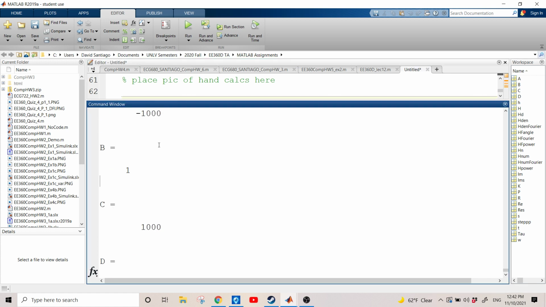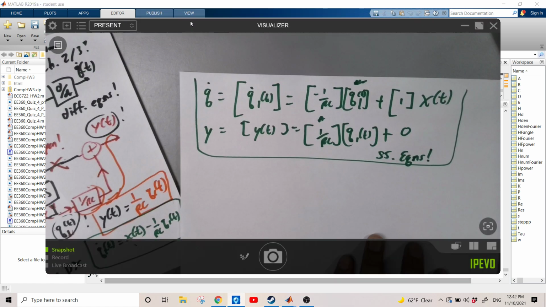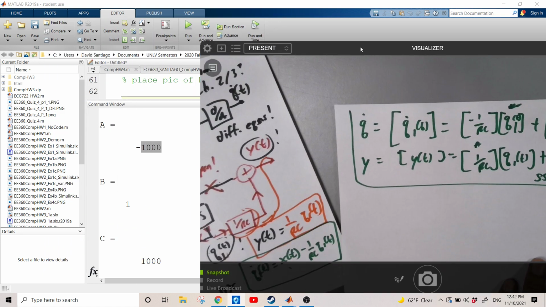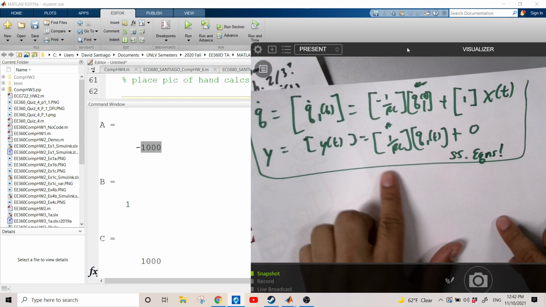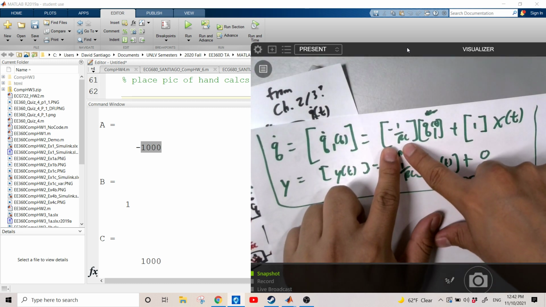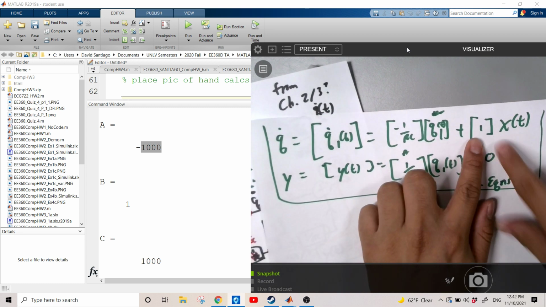Oh, what's that? You see that? Here's our A vector. Minus 1000, sorry. See that right there? That's our A. That's minus 1k. Here's our B. See that?